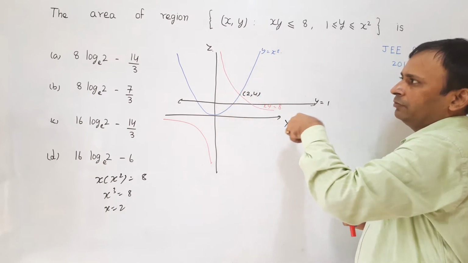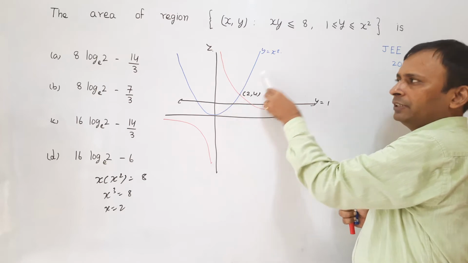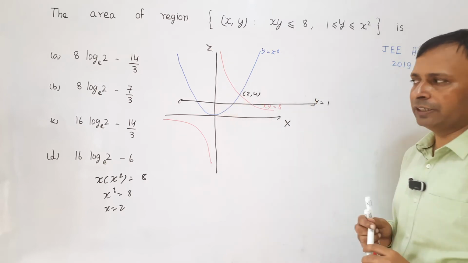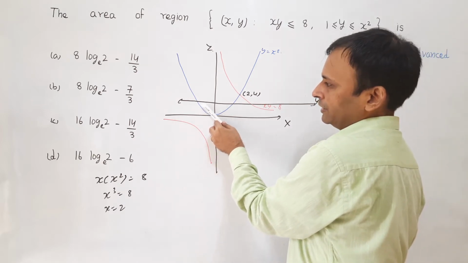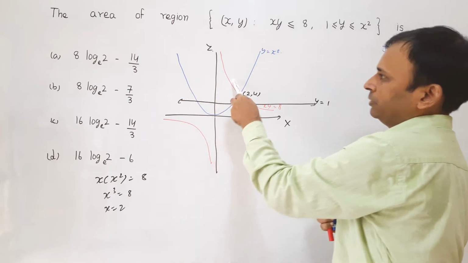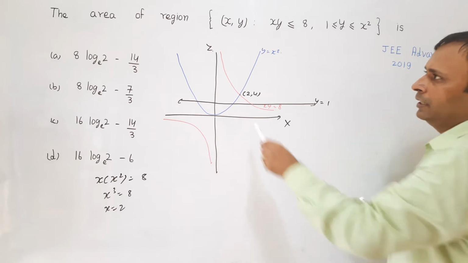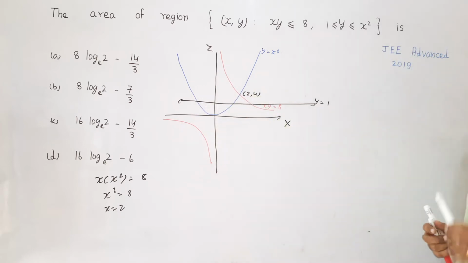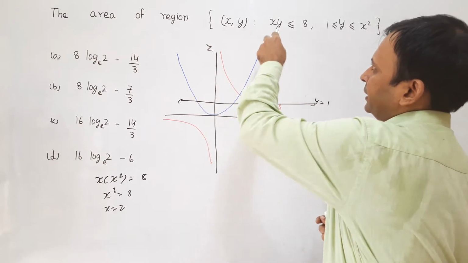The curve divides the plane into two parts, out of which this part will satisfy and this part will not. Similarly for this branch, this side will get satisfied and this will not. So the region between the two branches of the rectangular hyperbola would be our required shaded area. So this is for the rectangular hyperbola.